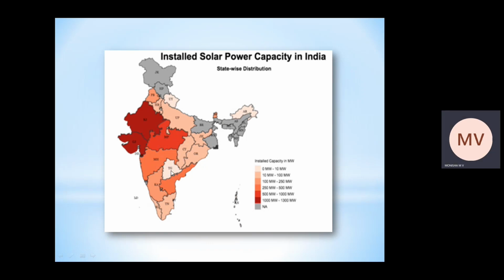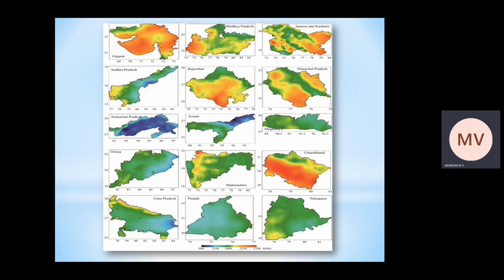This is only 10%, this is 10 to 100%, this is 100 to 250%, like that. It is divided state-wise. Here you can see the clear state-wise distribution of solar power installation in India, according to this megawatt hour.